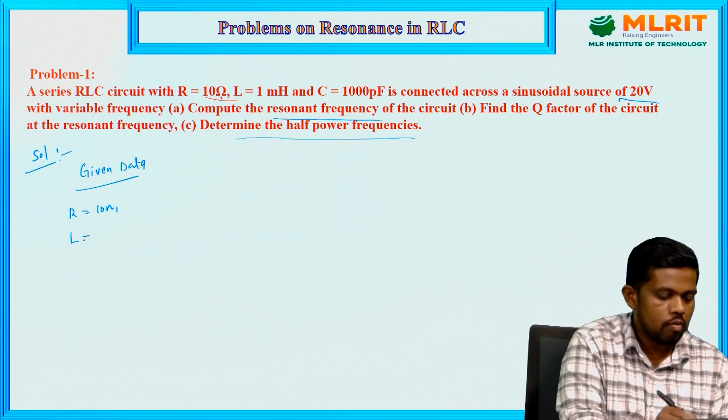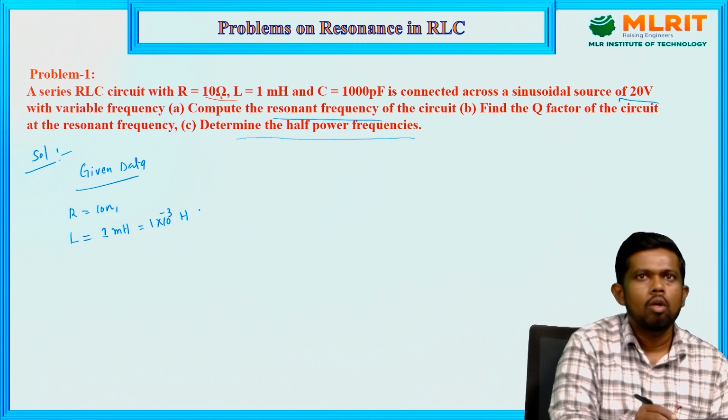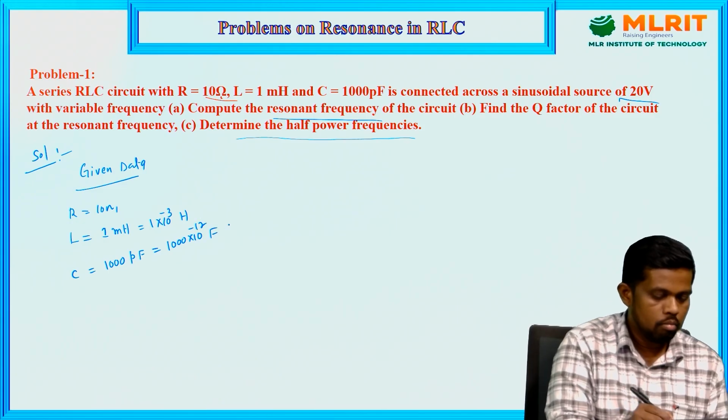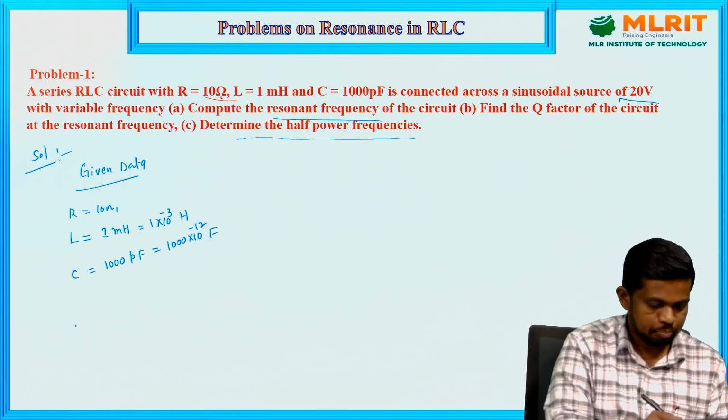The inductance offered by the network is 1 millihenry, that means 1 into 10 power minus 3 henry. And the capacitance is C equal to 1000 picofarad, which means 1000 into 10 power minus 12 farad. Pico means minus 12 farad.